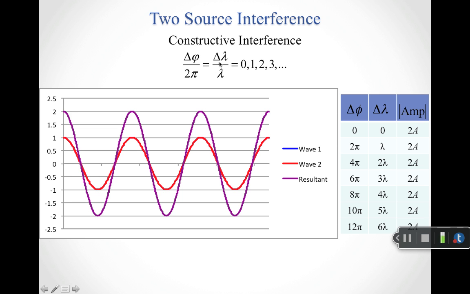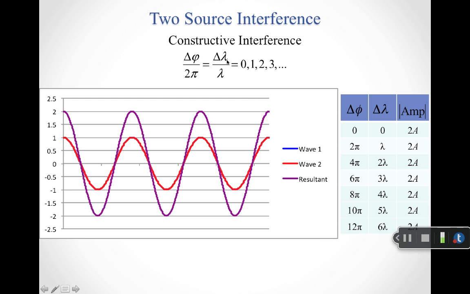In terms of thinking about the path difference, what that means is if they travel the same distance, so your path difference is 0, they started in phase, they'll be in phase. If they started in phase and one of them travels exactly 1 full wavelength more than the other, then again they'll be in phase again.